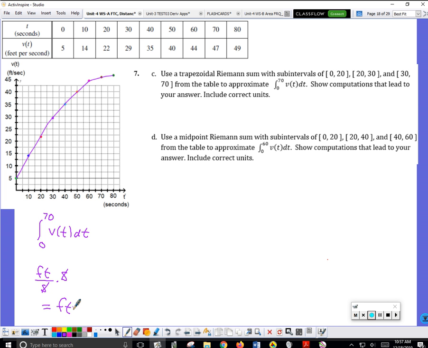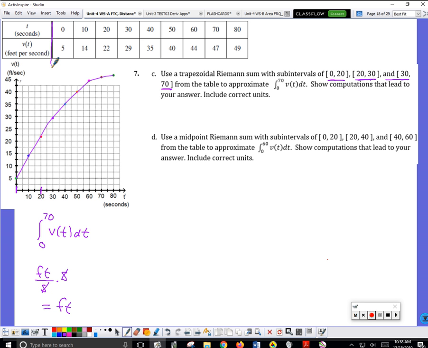Cool. Okay, it says trapezoidal Riemann sum with these subintervals. So another thing they're changing is how the subintervals are specified. So I'm going to go from time 0 to time 20. Or up in the table, I'm going to go, oh, remember, don't do this. I've already had 2 people come to my desk on a homework problem and say the problem just doesn't work.